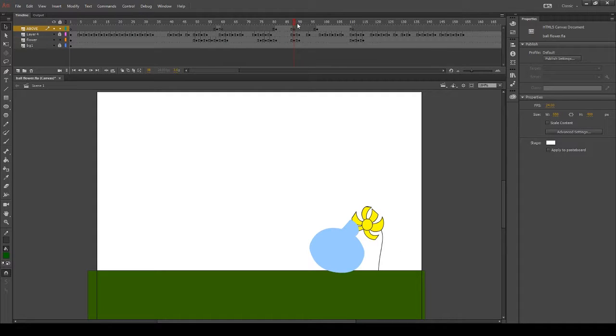In this ball flower animation I did, I'm going to show you the instances where I used anticipation. I used it several times. So before this ball moves, I squashed him, and then he springs off like so, and then here, of course, and then he lands.